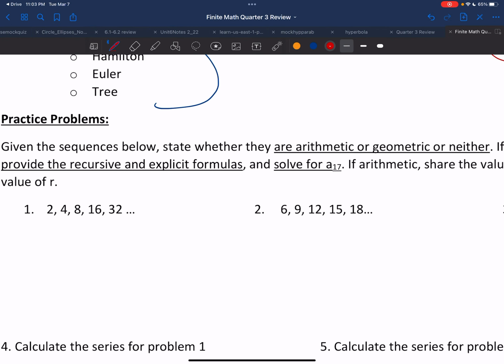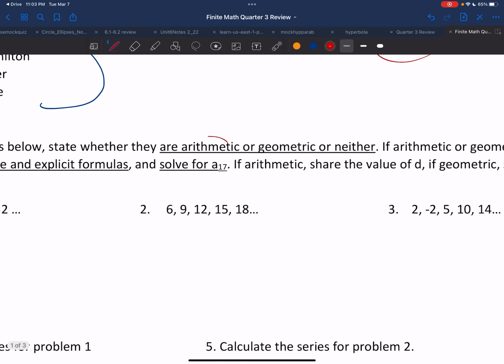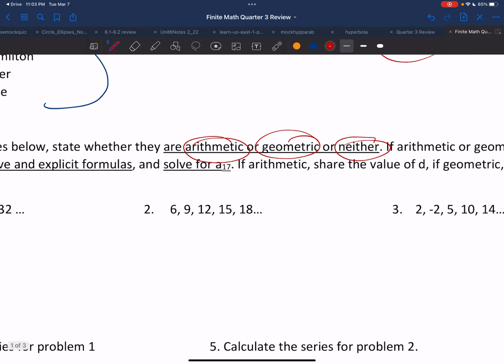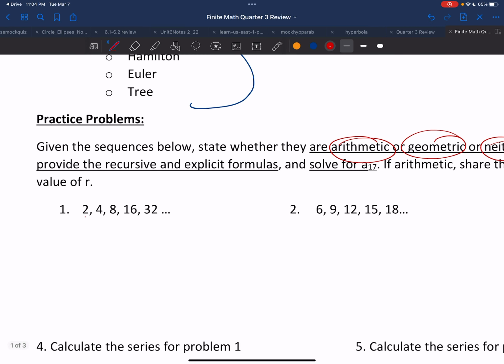In these practice problems, I'm given some sequences, and I have to state whether they're arithmetic, geometric, or neither. So let's go ahead and tackle that first. I see here I go from 2 to 4, 4 to 8. So I could say plus 2, but then I have plus 4, then it would be plus 8. So I'm doubling each time.